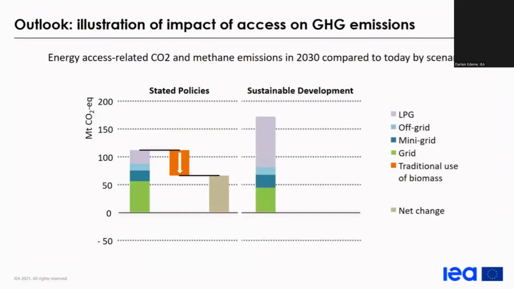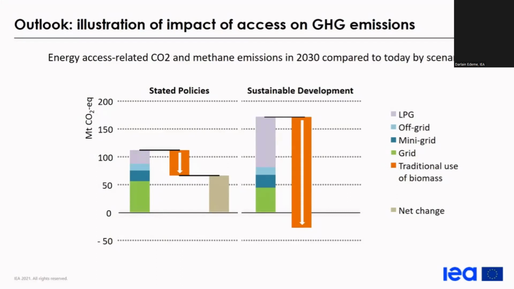Under a sustainable development scenario, we have a higher level of emissions because of more people using LPG, because of more access to electricity, which will also be generating greenhouse gas emissions.